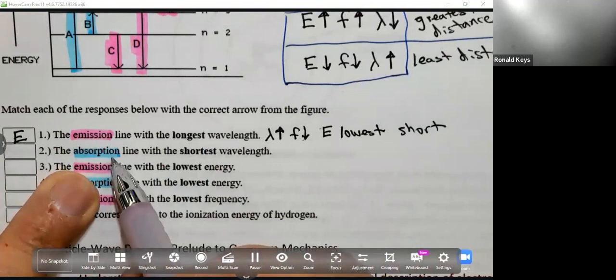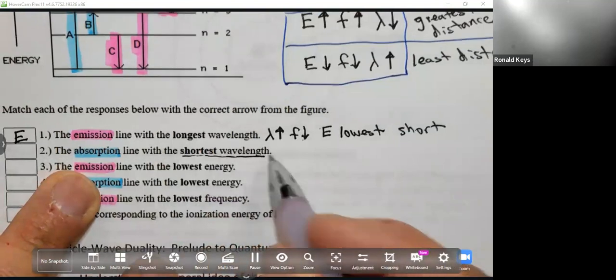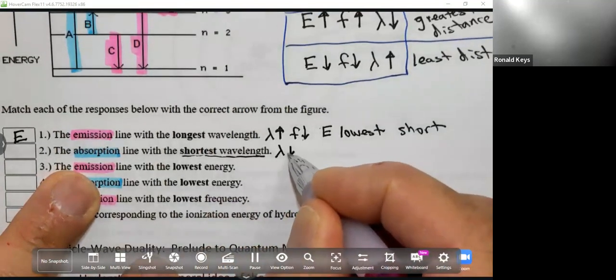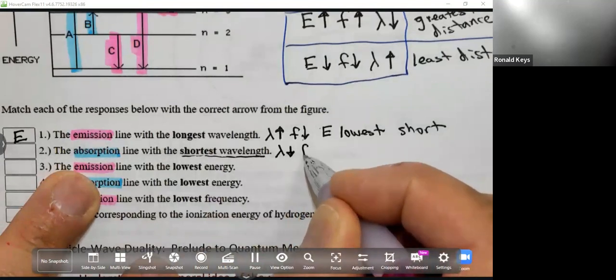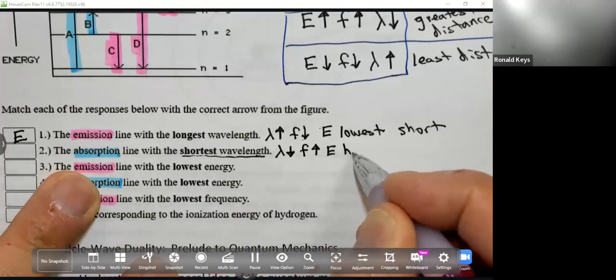Now, the absorption line with the shortest wavelength. If the wavelength is low, what's going to be high? Frequency is going to be high, and here the energy is the highest.